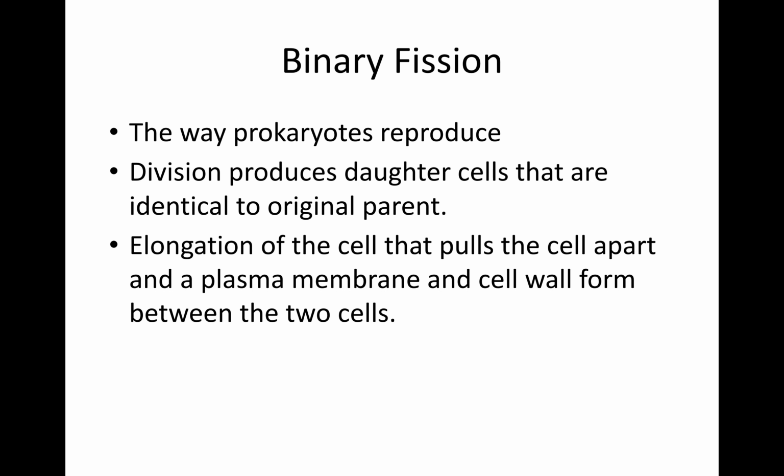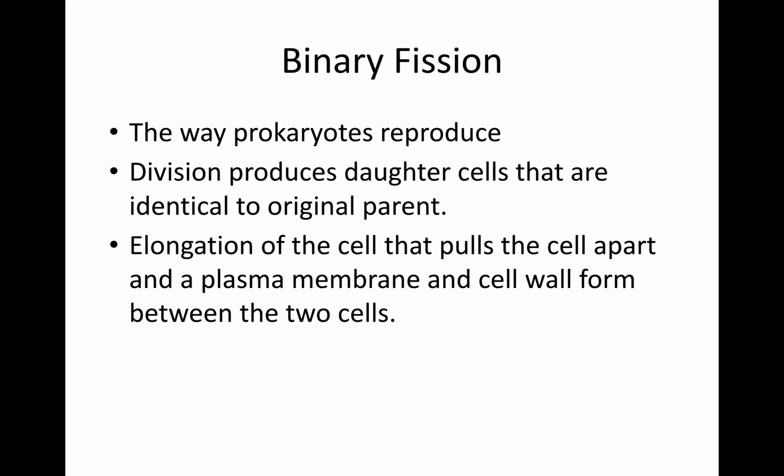All right, so binary fission. I like to think of the word fission. The opposite of fission is fusion. When you think of fusion, what do you think about? Two things fusing together, right? So fission is pulling apart, basically. This is the way prokaryotes reproduce, one of the ways.